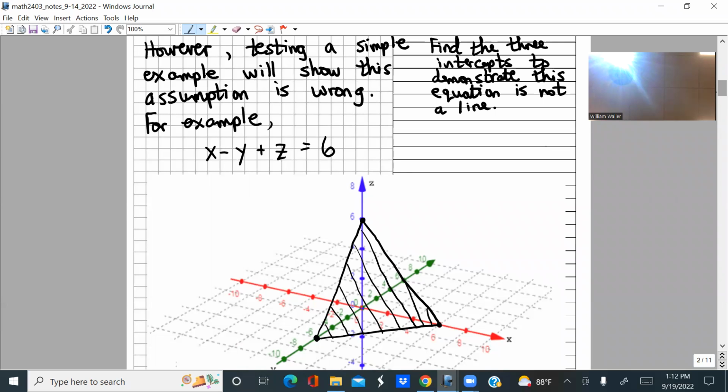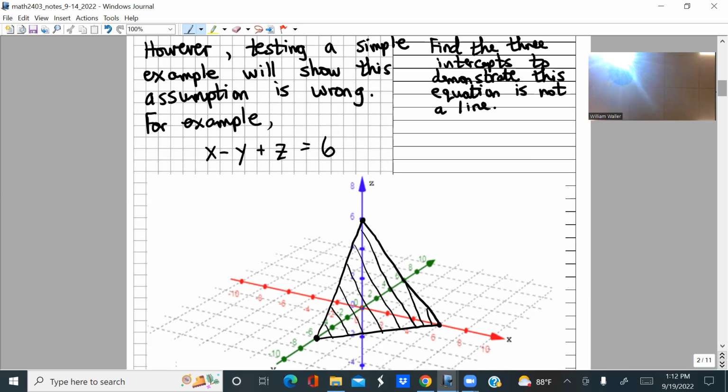I just made up the 6. All of the variables are just raised to the first power, so it's a very simple equation in 3 dimensions.